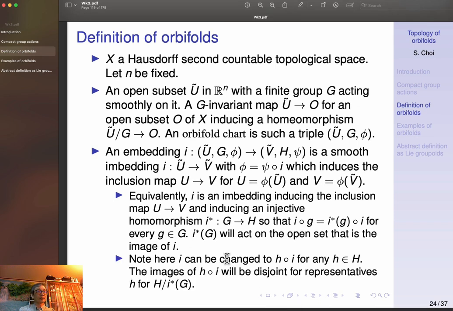Note that i can be changed to h circle i for any h in H, and the images of h circle i will be different for different representatives of h mod i star G. However, these h are sort of undetermined here, so you can always change this i with some h circle i, and it is an equivalent definition, whichever one you use.